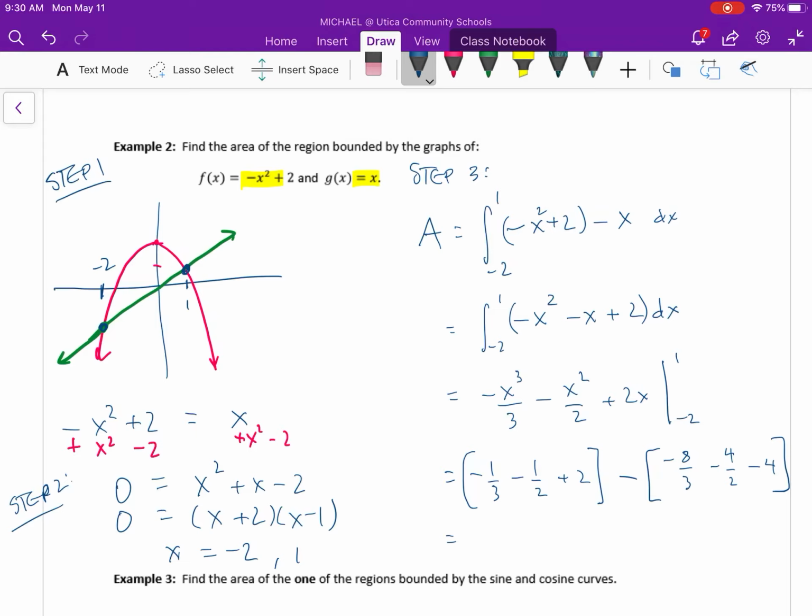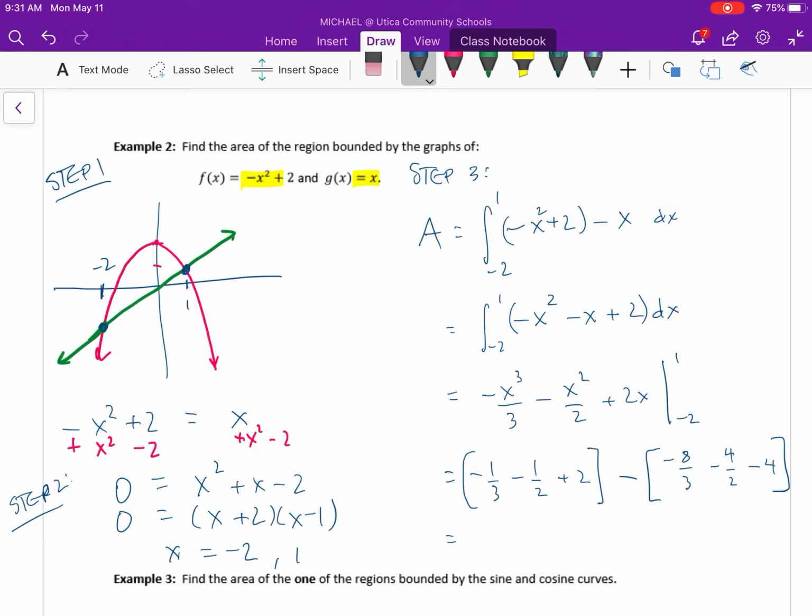And when I combine all of that together, I'll use my calculator again really quick. Negative 1/3 minus 1/2 plus 2. And I distribute that minus, so that's going to be a plus 8/3, a plus 2, and then a plus 4. Which is going to give me a total of 9.83. I think I screwed that up.